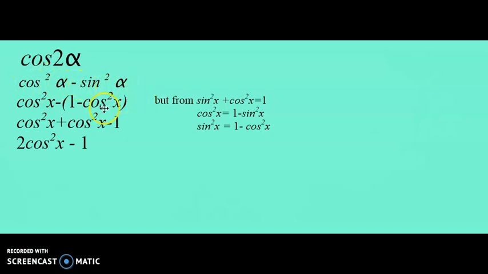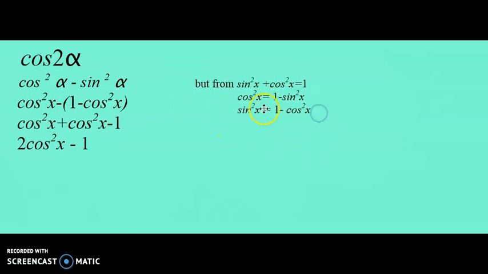We saw in the previous calculation that cos 2 alpha can be written as cos square alpha minus sine square alpha. Now I just want to take a moment and say the first identity that we learned was sine square alpha plus cos square alpha is equal to 1. So from here, I can substitute in the place of sine square x. What is sine square x? 1 minus cos square x.